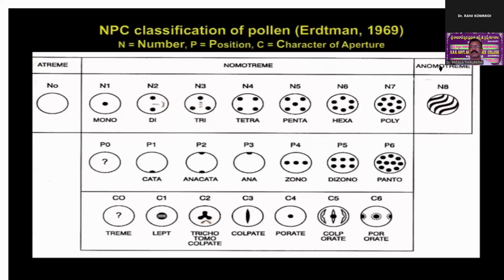NPC classification: Erdtman, in 1969, proposed the NPC system for pollen or spore classification.